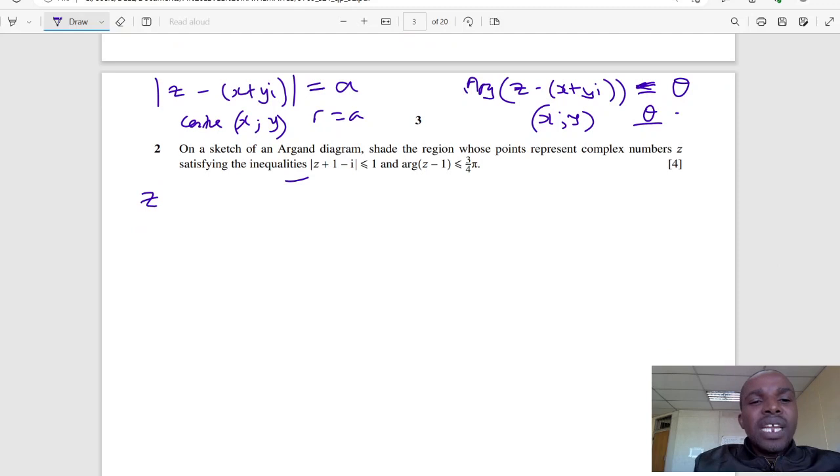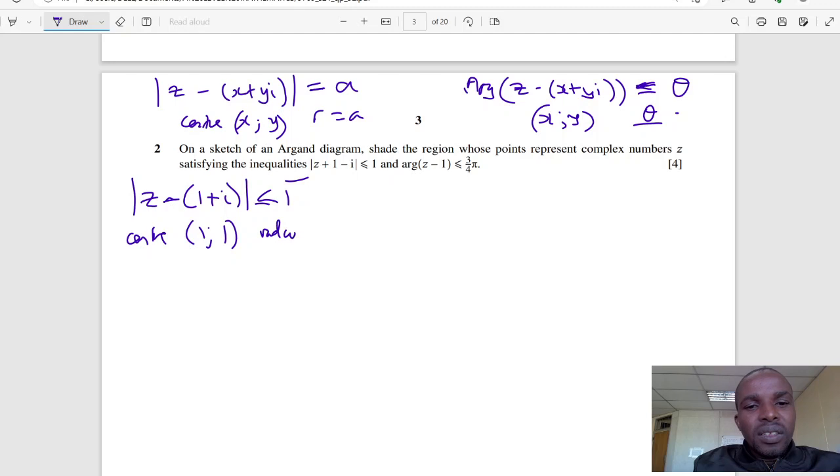Right. Then I can simplify this part. Always factor out minus here. Then the real part is 1, plus i, less than or equal to 1. So this one will represent a circle, center 1, 1, then radius 1.